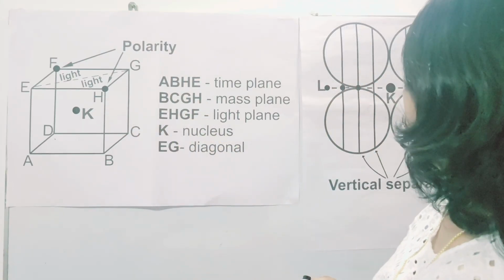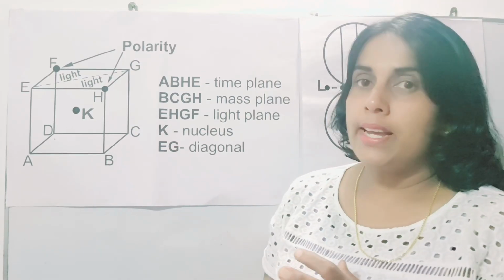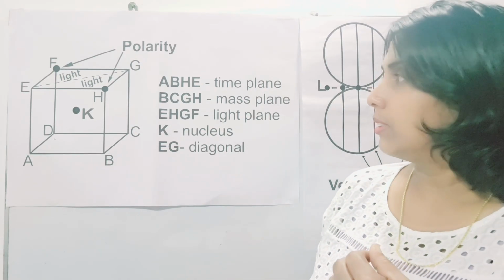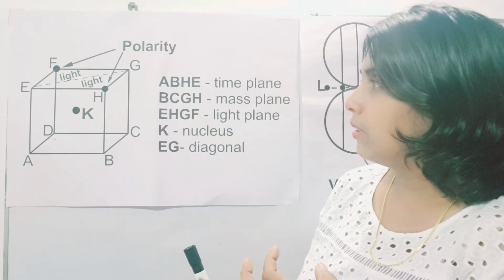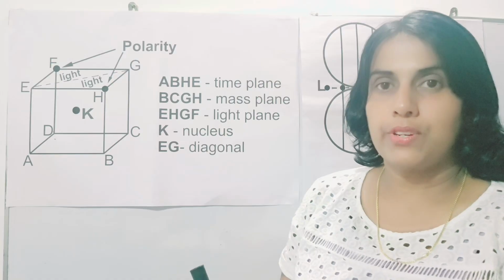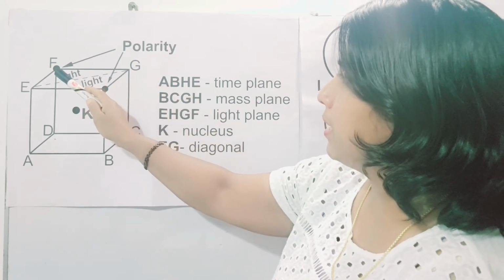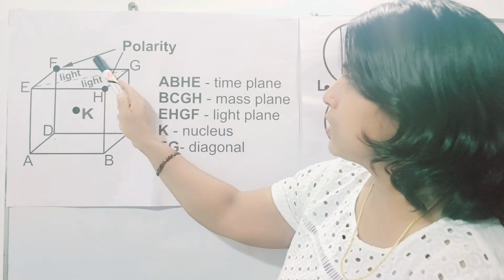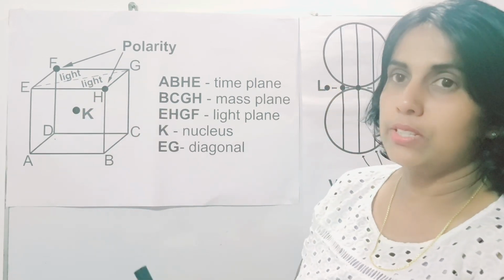Now we know that when the force cube was created using the two 3D structures, there is a polarity between this 3D structure and this 3D structure.